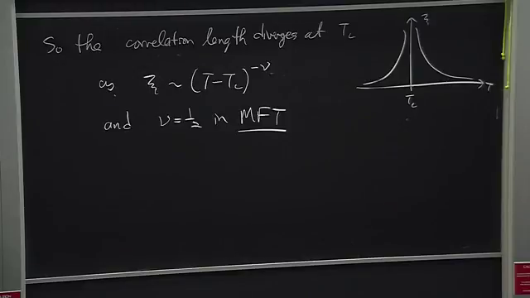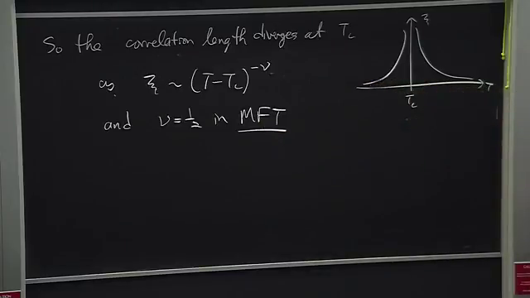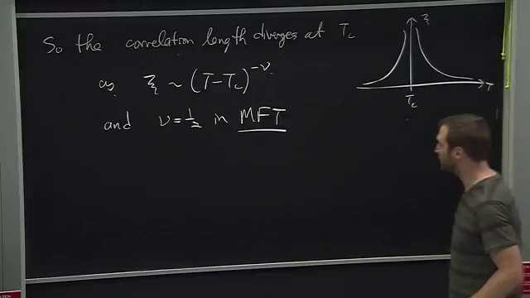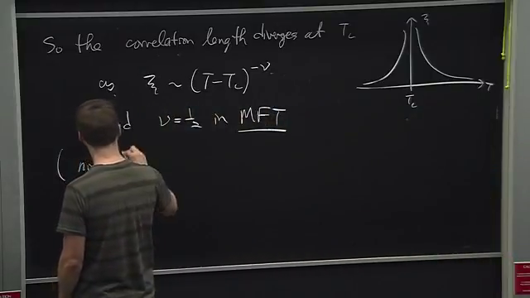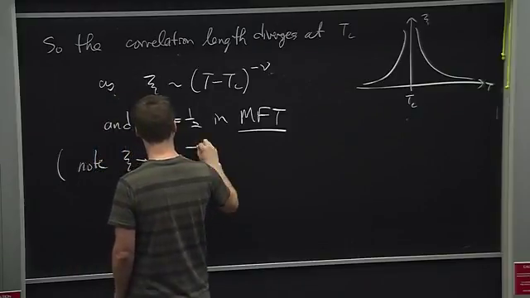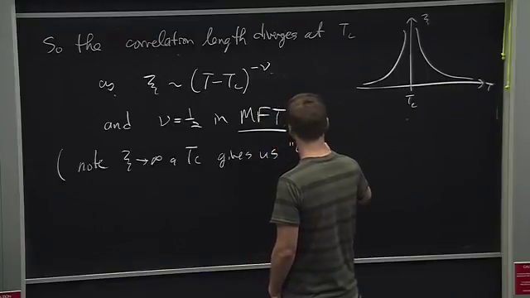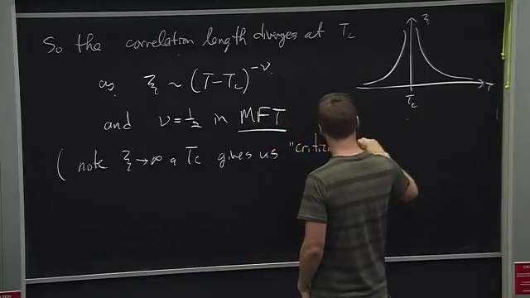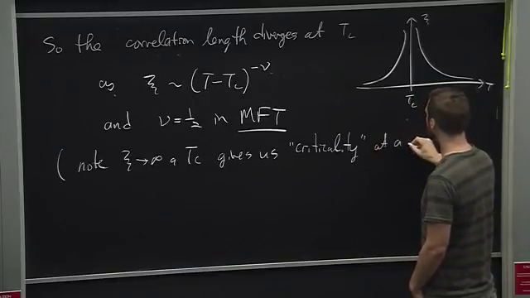So even though the exponent maybe isn't perfect, the behavior of this thing as you approach the critical point is right. It is diverging. Again, that's not true at a first order transition. It gives us scale invariance, gives us criticality at a continuous transition.